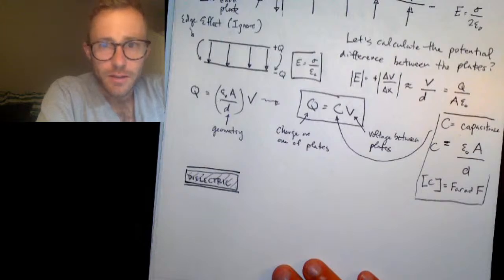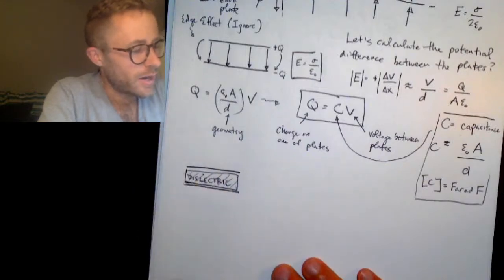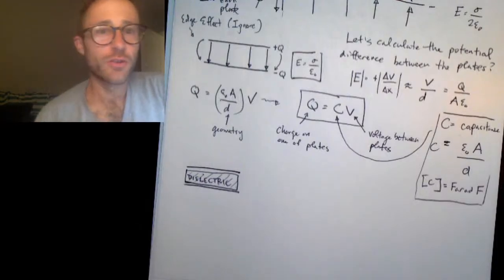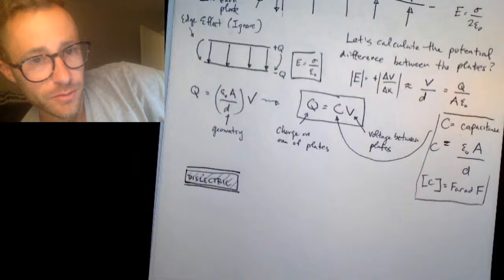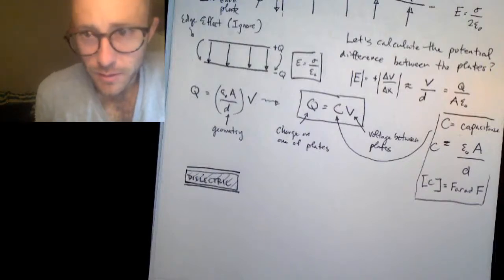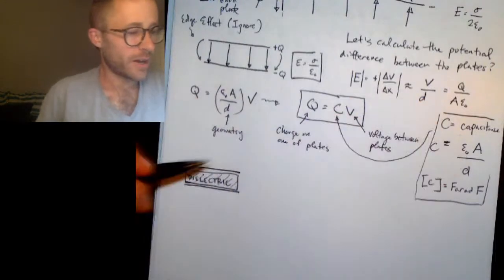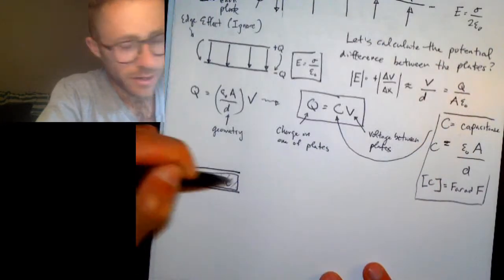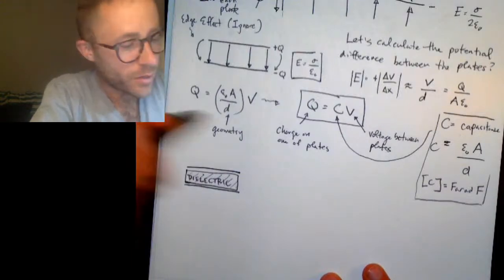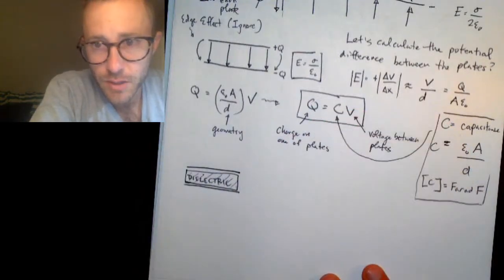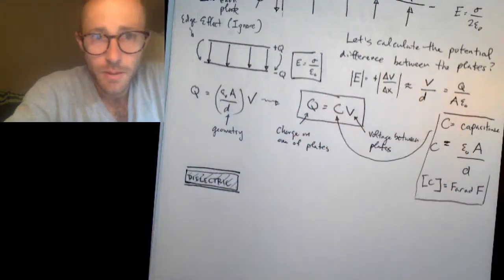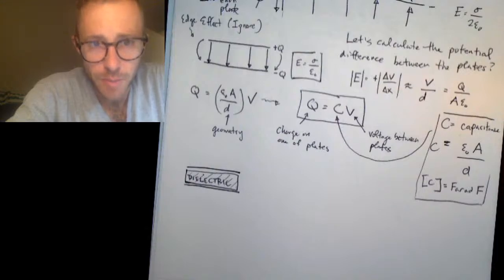And because of that, the dielectric has the effect of increasing the capacitance above this value. And the reason is that now that we've put the dielectric between, we don't have free space. So remember, epsilon naught is the permittivity of free space.